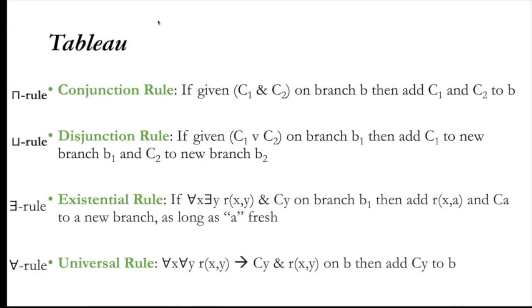For existential rules, and I made sure to put in the implicit universals out in front so you could see exactly what's going on: if for all x there's some y such that x is related to y and y is a C on some branch, then add Rxa and Ca to a new branch, as long as a has not appeared in a previous line of the tree.